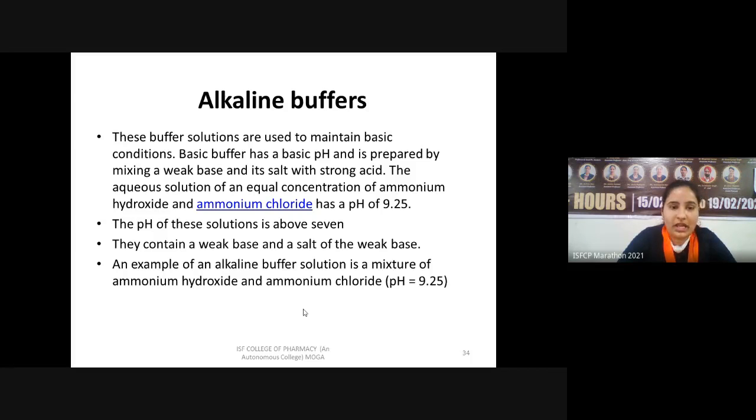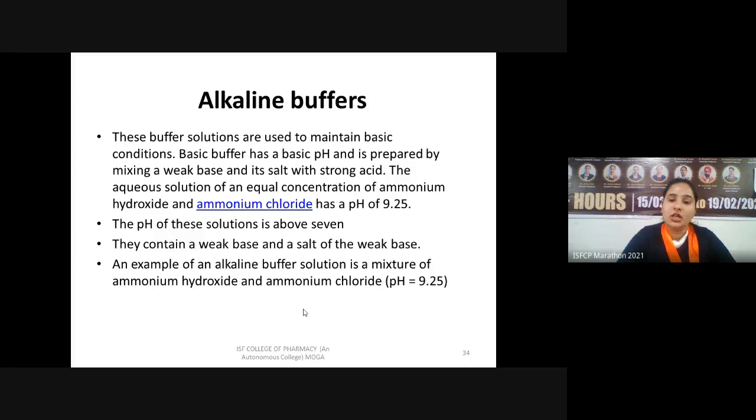The aqueous solution of equal concentrations of ammonium hydroxide and ammonium chloride has a pH of about 9.25. Ammonium hydroxide is a weak base. Its salt is prepared by treating ammonium hydroxide with HCl solution, which is a very strong acid, and hence ammonium chloride is prepared.